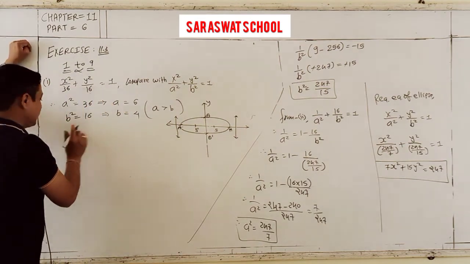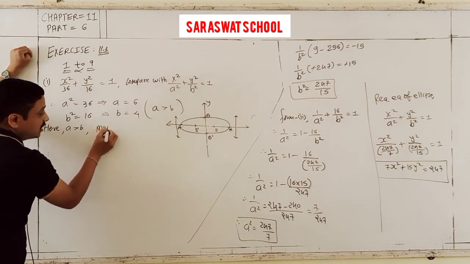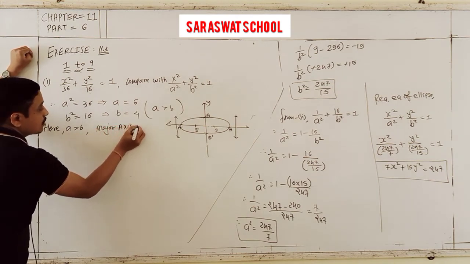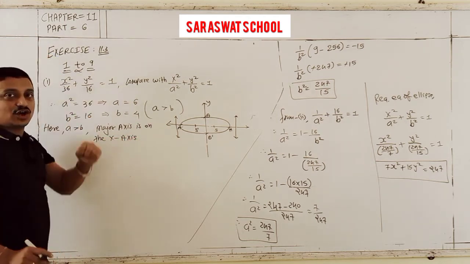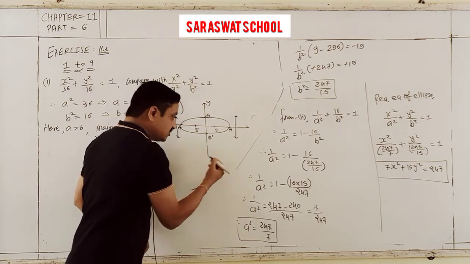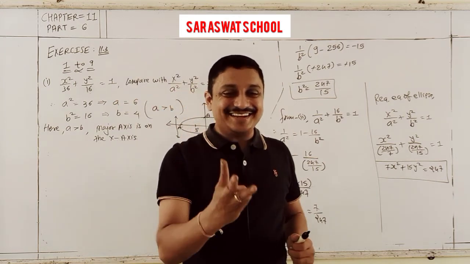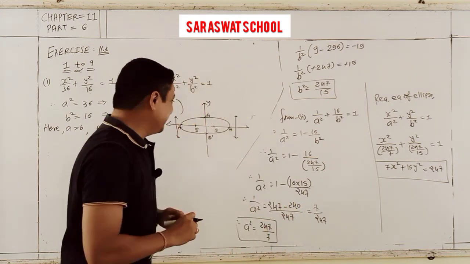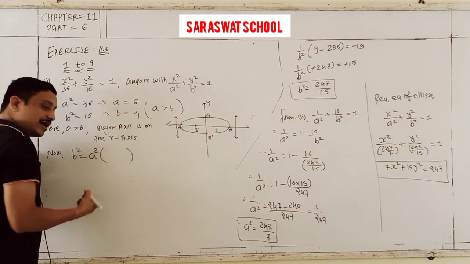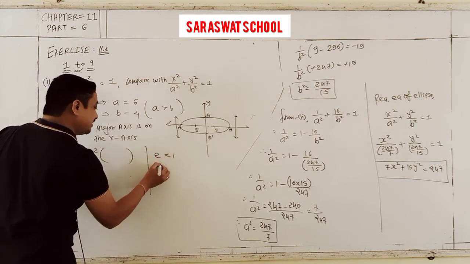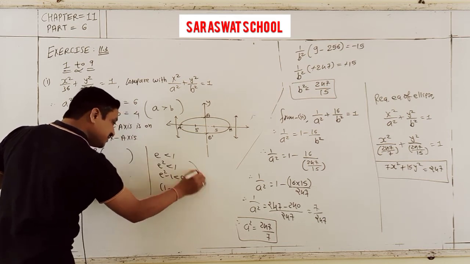Yes, students, here I just mention a is more than b, therefore the major axis is on the x-axis. Now formula number 3 is defined for eccentricity. So b square is equal to a square times 1 minus e square. Since e is less than 1, e square is less than 1, e square minus 1 is less than 0, so 1 minus e square is greater than 0.